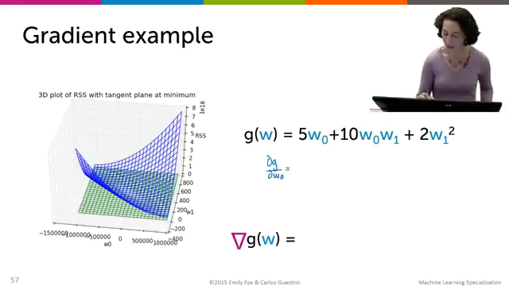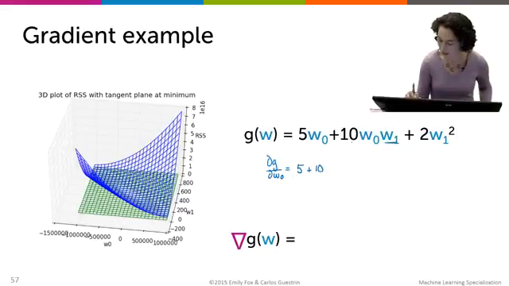I'm only interested in w0. So for this term, I get a 5. The next term, well, I'm treating w1 like a constant, so just like I would take the derivative and get the constant as the result, I get a 10 and a w1.